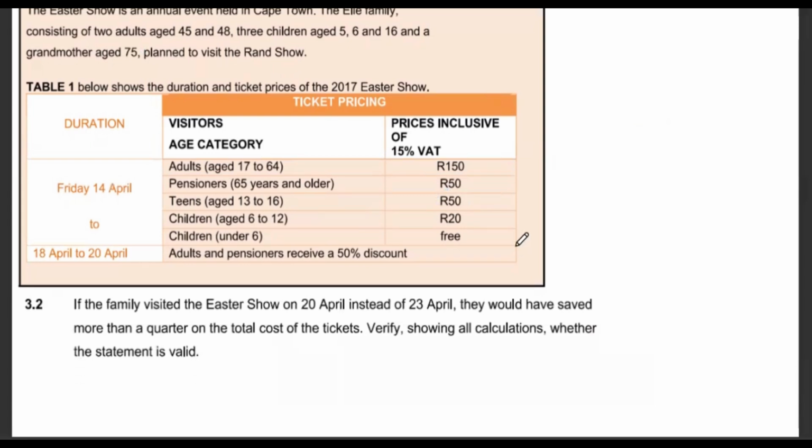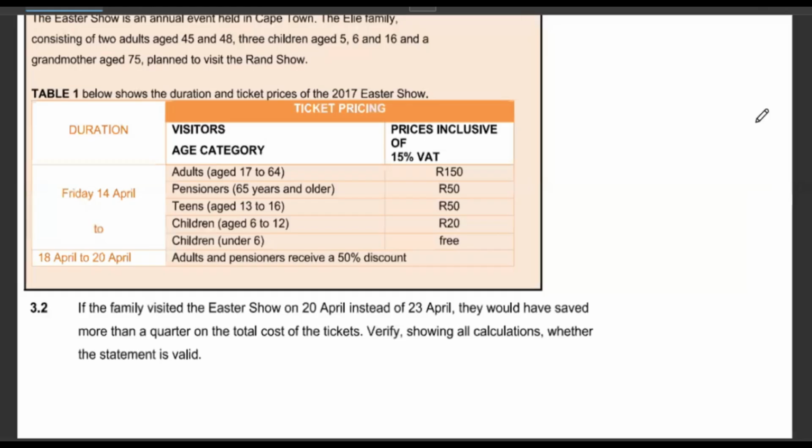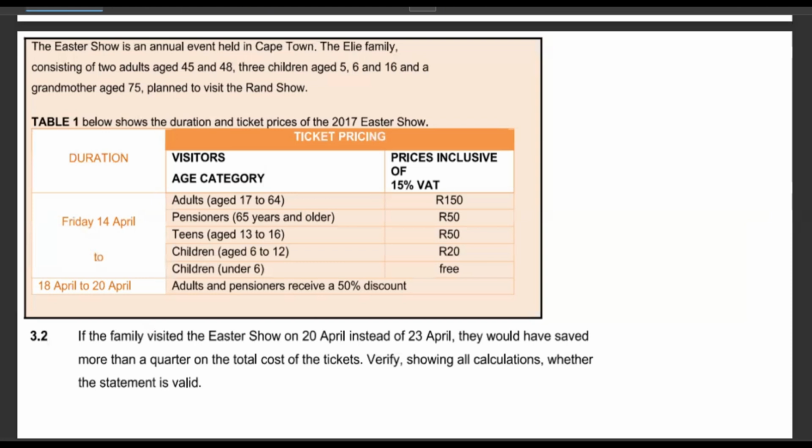Okay, let's come to question number 3.2. They are saying if a family visited on the 20th April instead of 23rd of April, they would have saved more than a quarter on the total cost. So what you need to look at is here. It says from 14th to 17th, definitely, because from 18th to 20th, there's a discount.